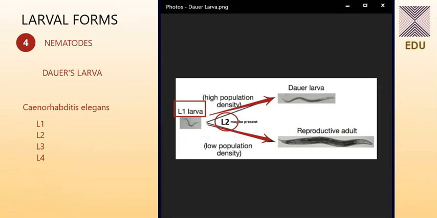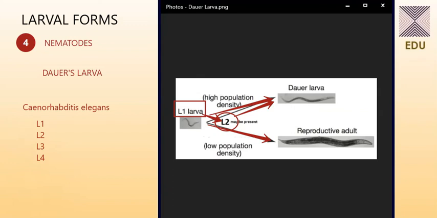So it can go via L1 to L2, then L2 can make the dauer larva. So L1 or L2 may go for the dauer larval stages, and if we have low population density, L1 can give rise to L2, then L3, then L4, and then the adult stage. That's why this dauer larva is very important to cope with the harsh conditions in the nematodes.